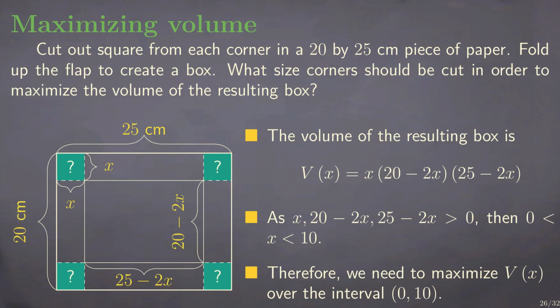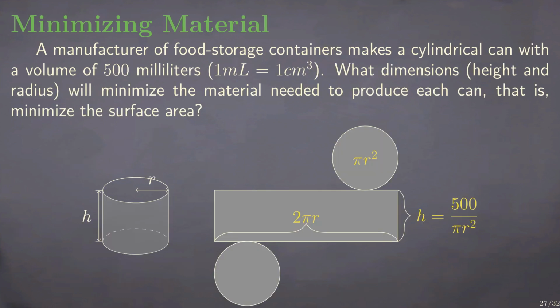The second one is the problem of minimizing material needed to make food storage containers in a cylinder shape. And we need the can to have a volume of 500 milliliters. So we are asked to find the dimensions, meaning the height and the radius of the cylinder, that will minimize the material needed to produce the can.